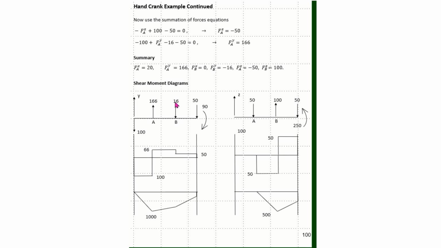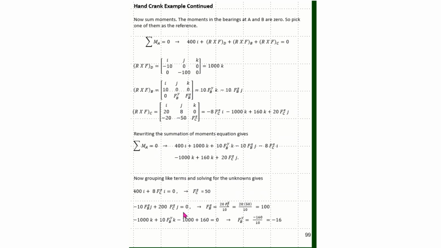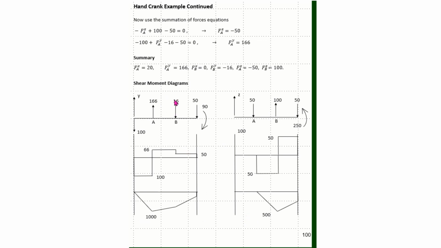And I can actually see that when I solved for this force previously over here, I got a negative 16, meaning that this FBY is in the opposite direction that I chose it to be. And so I have a negative 16, or a 16 pushing down, and then my 50. And then I have a moment out here on the end of 90. And I draw my shear moment diagram for this member.